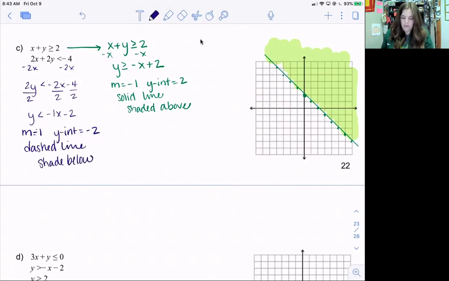All right, so if we do that, y-intercept is -2, and our slope is -1, so we're going to go down 1, right 1. And we have a dashed line.